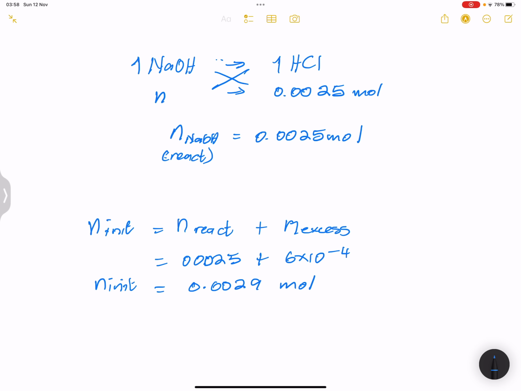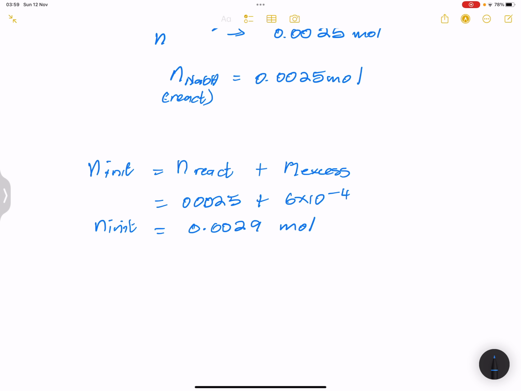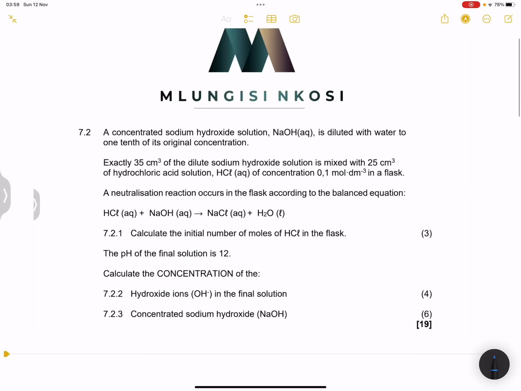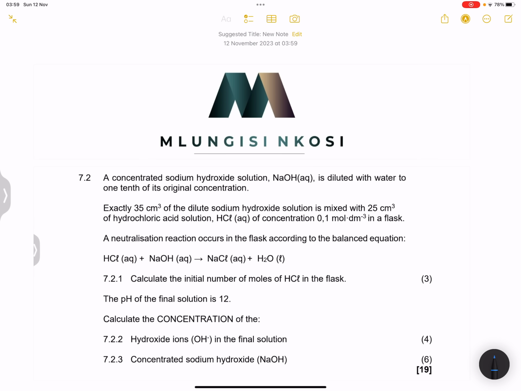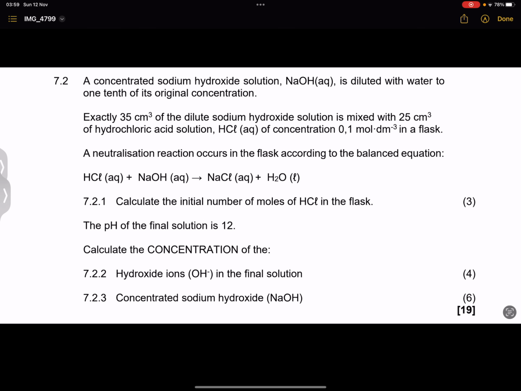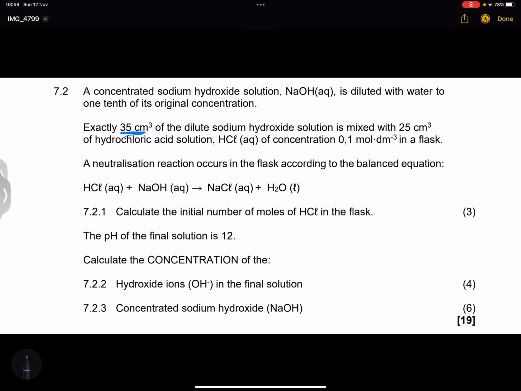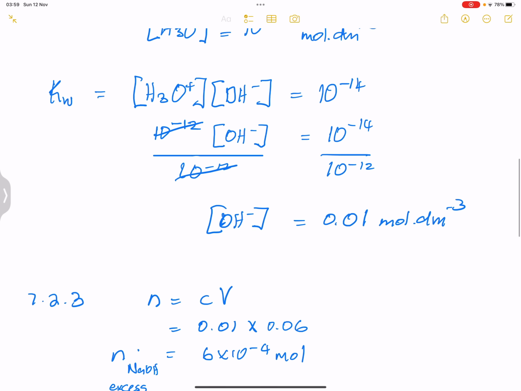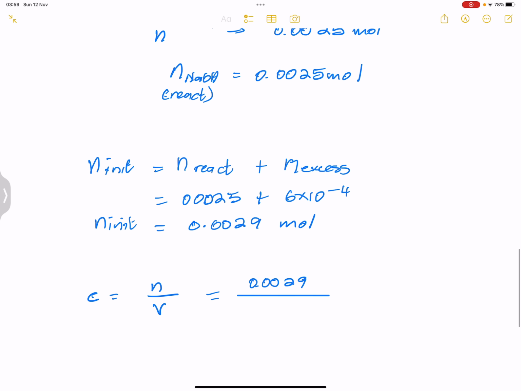Now remember, we're looking for the concentration. So the concentration is number of moles divided by the volume. Our initial moles was 0.0029, and for the volume of sodium hydroxide, remember they added 35 cubic centimeters. So that's 35 divided by 1,000, which is 0.035.